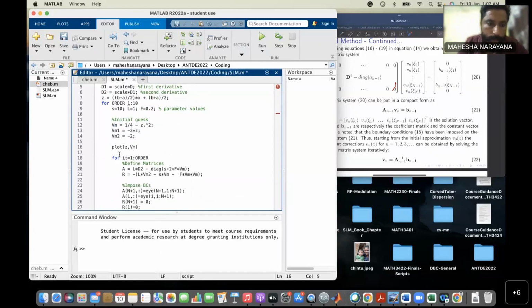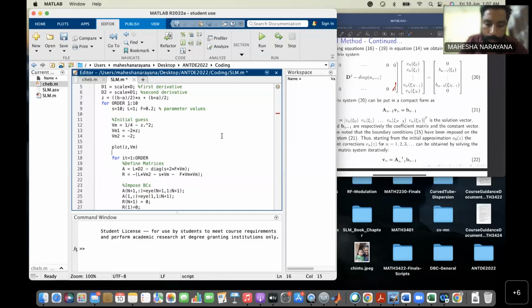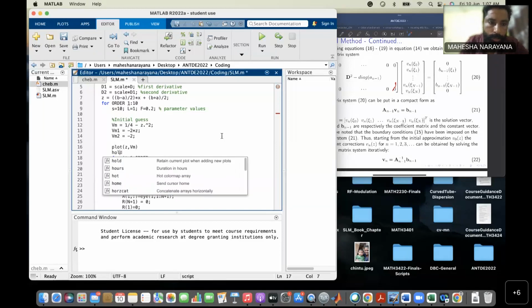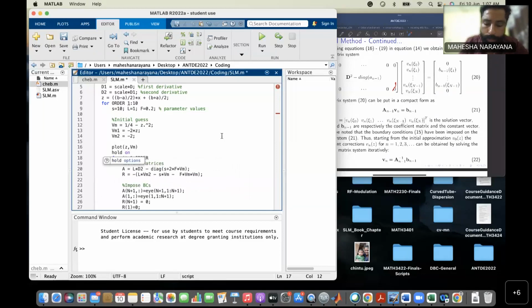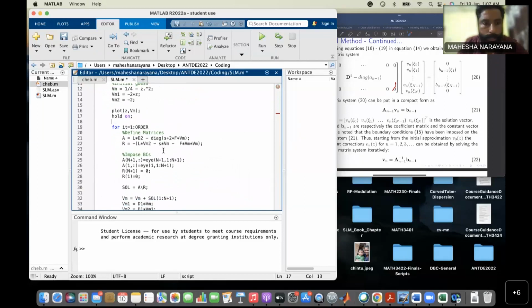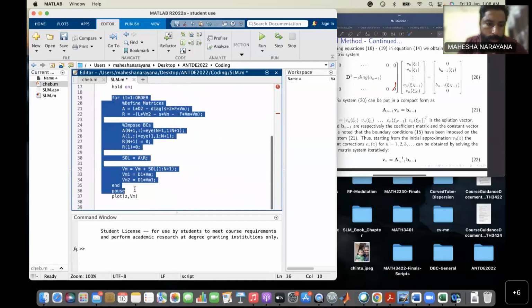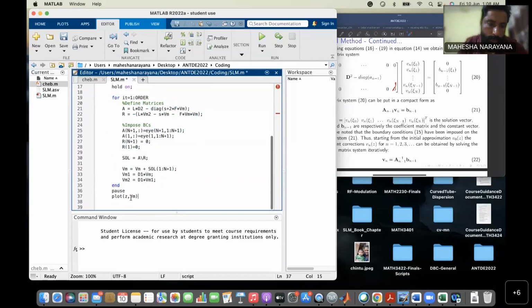You can hold a plot using the hold on command. So that is plotting the initial solution. Now, after the inner loop, you're plotting the successive solutions. And then you just have to end here.